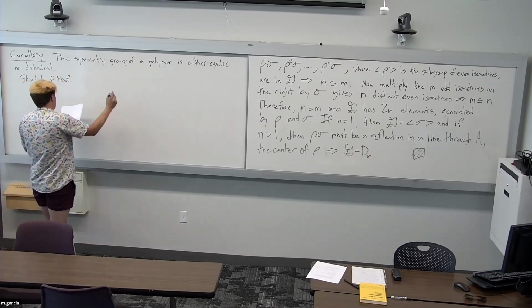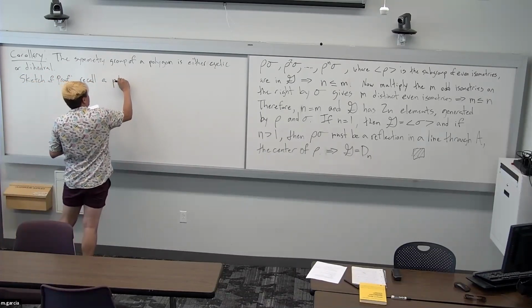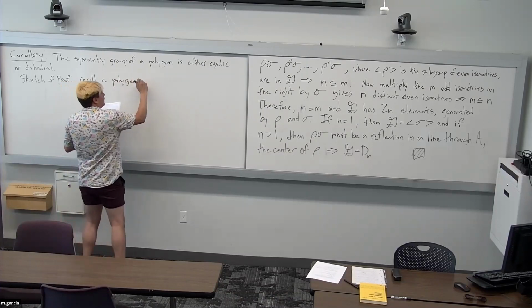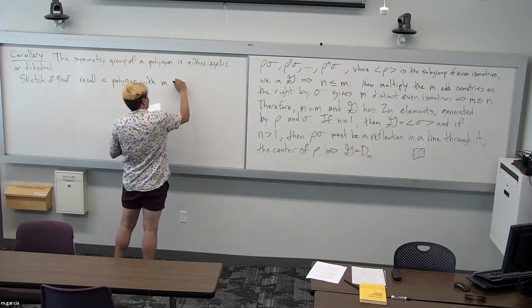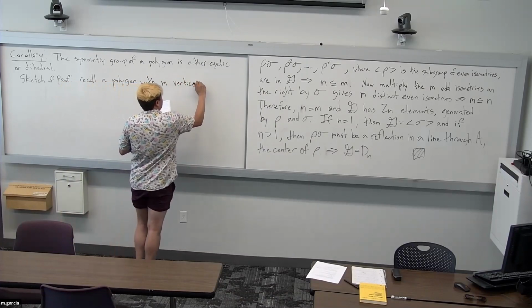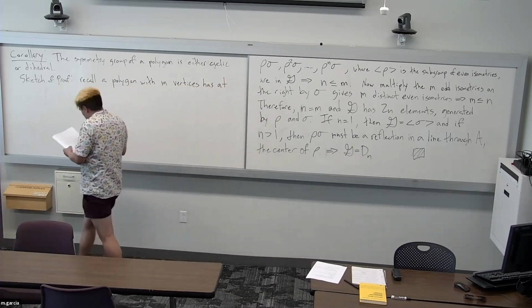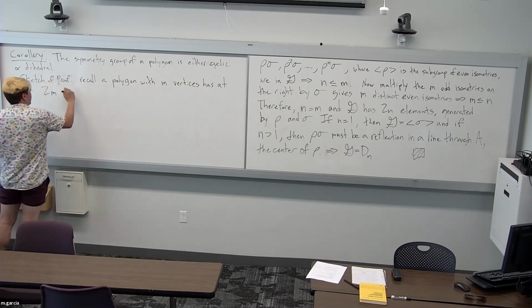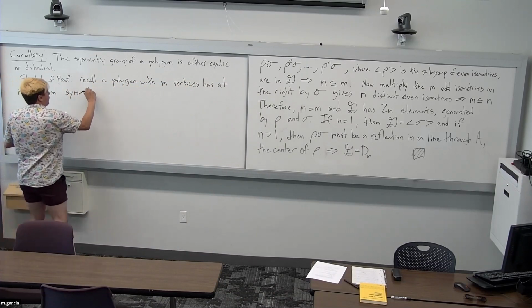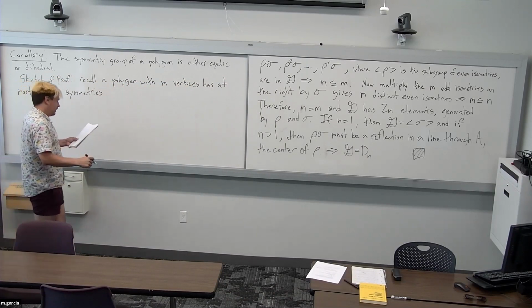Recall a polygon with m vertices has at most 2m symmetries. So it must be finite.